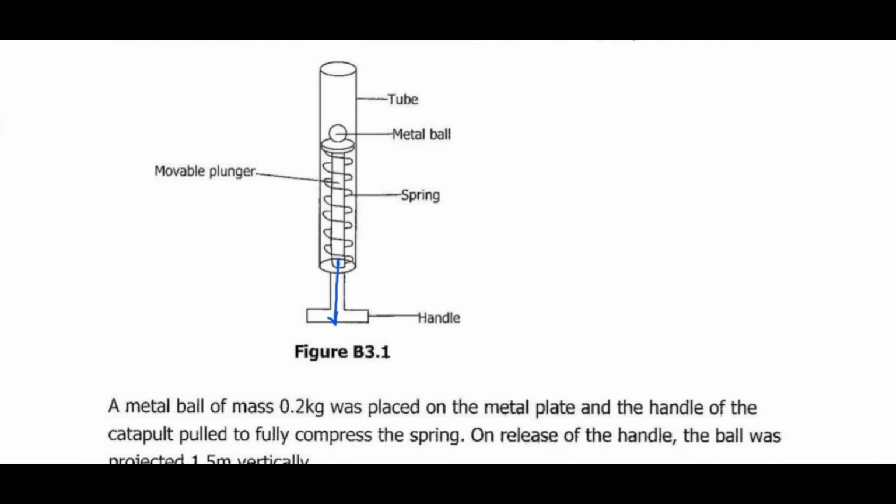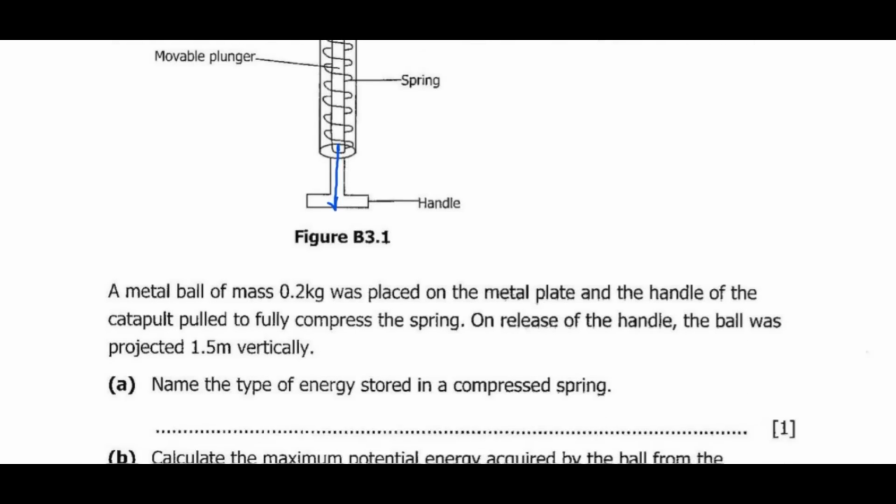Now let's look at the question. A metal ball of mass 0.2 kg was placed on the metal plate and the handle of the catapult pulled to fully compress the spring. On release of the handle, the ball was projected 1.5 meters vertically.